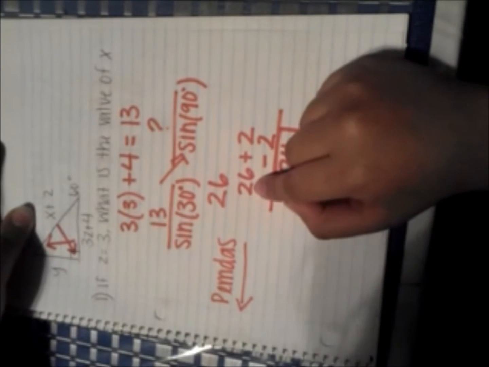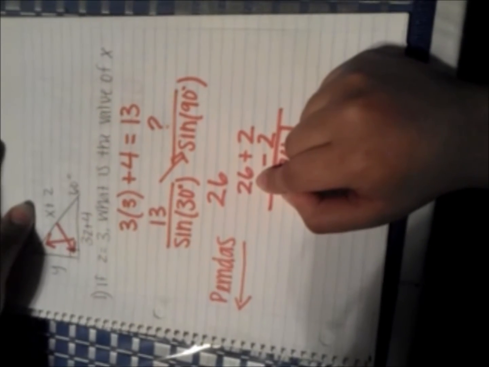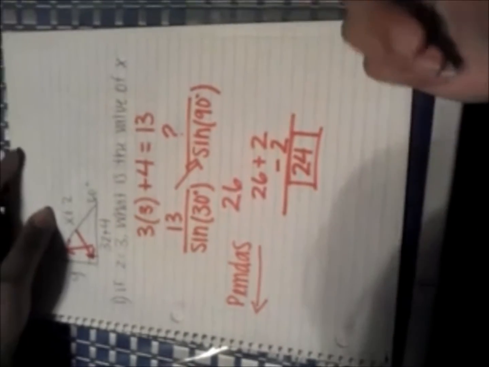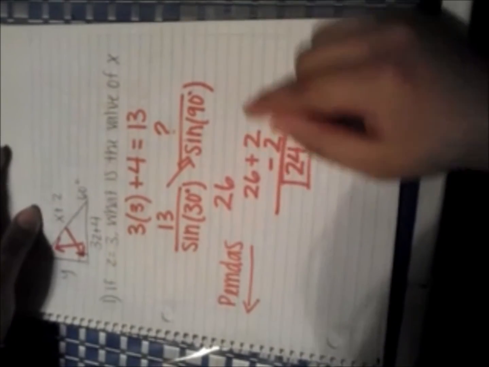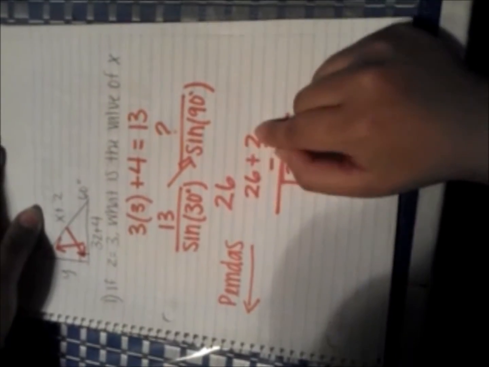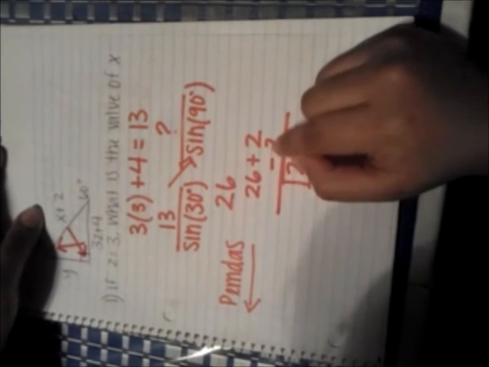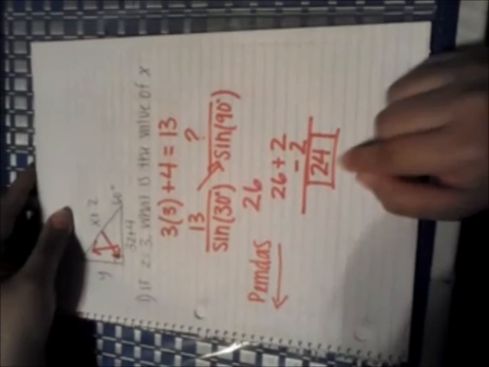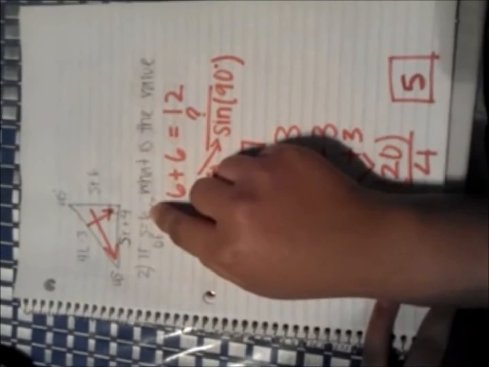So in this situation, we found 26, but we're using PEMDAS backwards, and we're doing the opposite. So instead of adding 2 to 26, we're going to subtract 2, and our final answer is going to be 24.